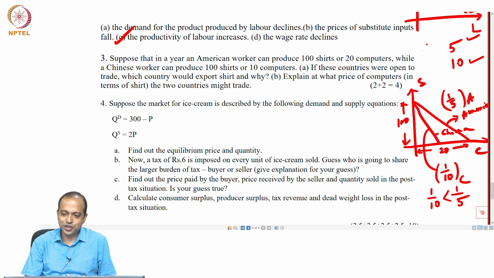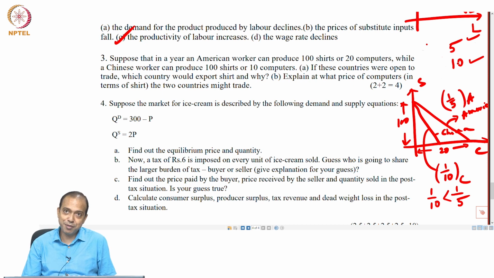Okay. Similarly, any price greater than 10 is acceptable for America, but not acceptable for China. Then China will also start importing cert instead of producing it here. Instead of exporting cert, which China was earlier doing, now China will also start importing.